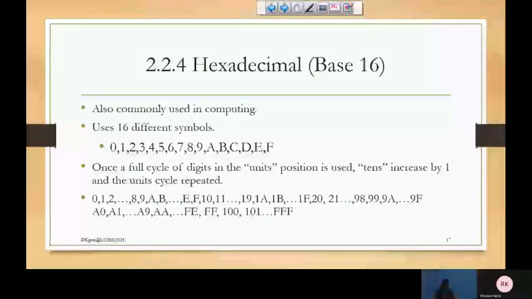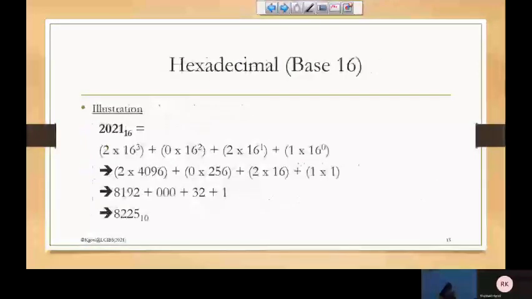Once you get to AF, you start the new cycle with B0, B1, B2, up to B9, BA, up to BF, etc. Up until you get to FFF, in which case for the next number, you replace those 3 F's with zeros and start a new significant figure allocation. So you'd have what looks like 1000 coming in after FFF.